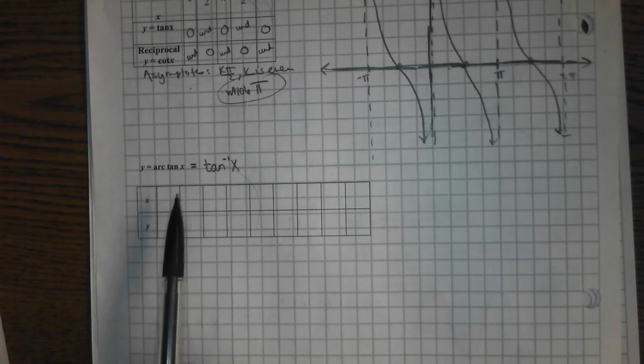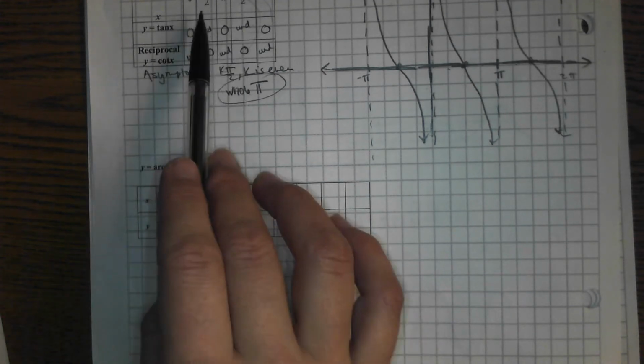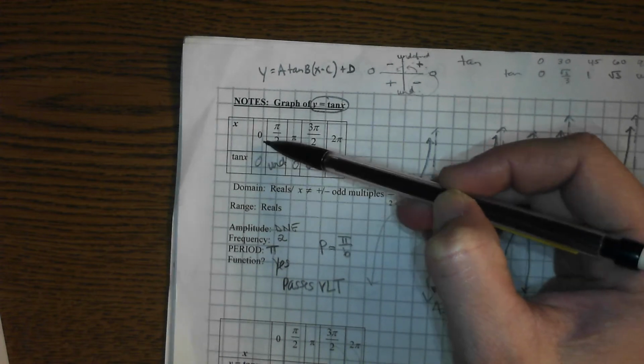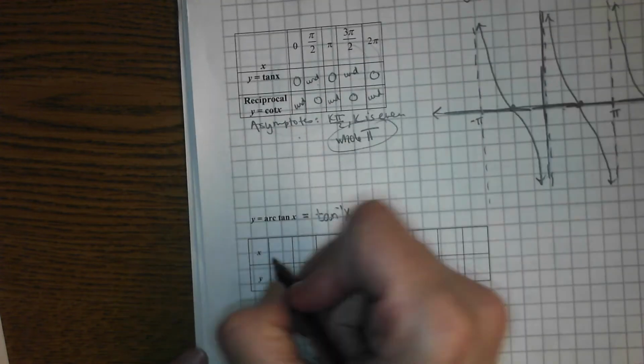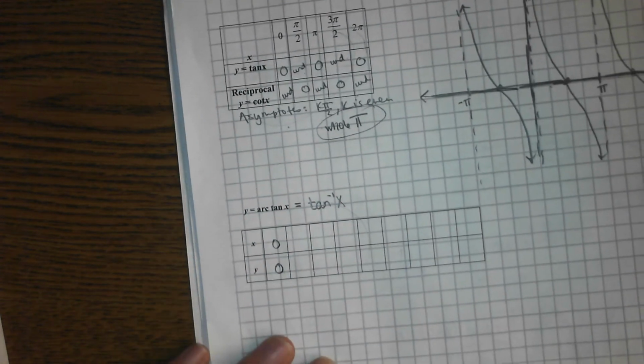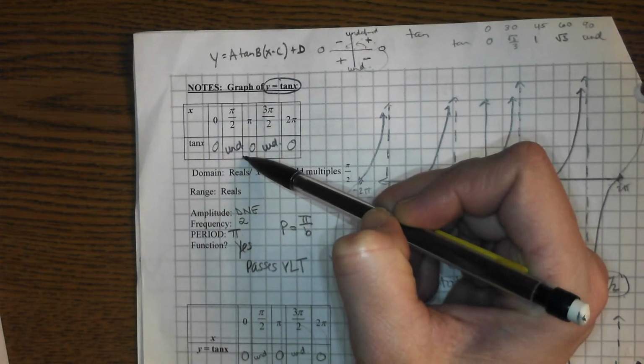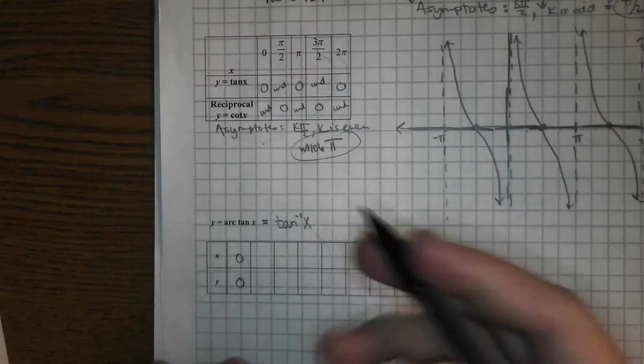So where our x's and y's used to be, let's go back up to our tangent, 0, 0, we're going to flip 0, 0, which that one at least will still be 0, 0. We're going to flip pi over 2, comma, undefined, and it's going to be undefined, comma, pi over 2.